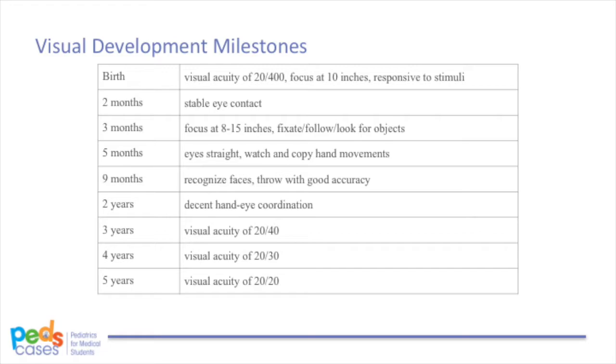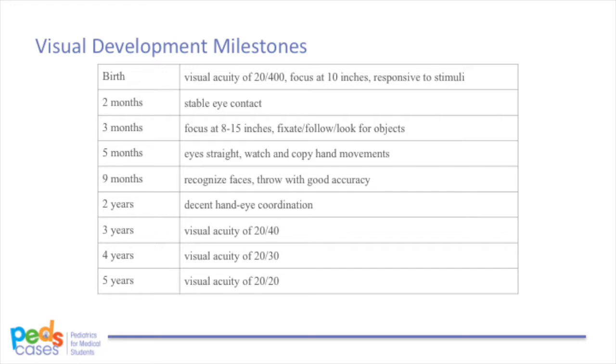By 5 months, they will watch and copy the hand movement of other children and adults. Their eyes should be straight and do not appear to cross or drift by this point. When infants are 9 months old, they should be able to recognize family and caregiver faces and throw things with better accuracy, as now they have better depth perception.